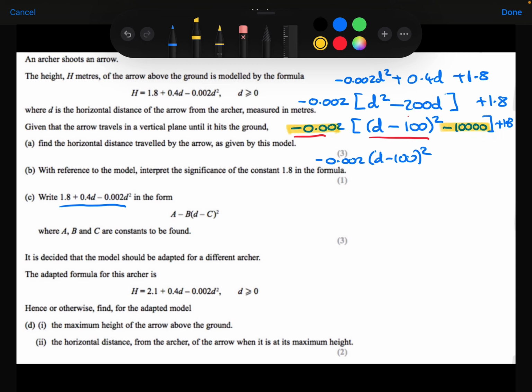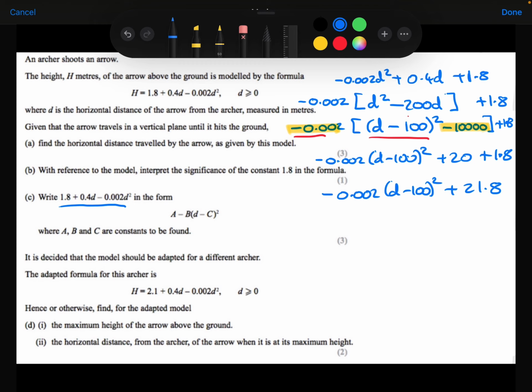So that's going to give 20. Not forgetting the plus 1.8 on the end there, which we can then add those two terms together to be 21.8. And there we go.